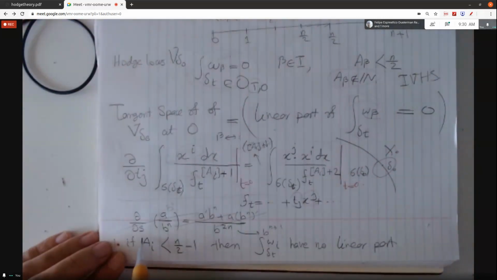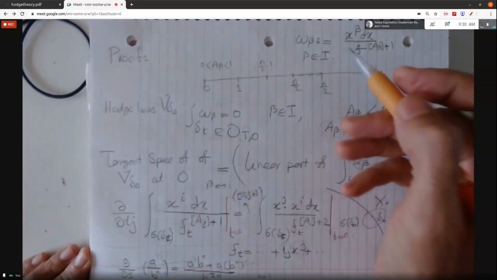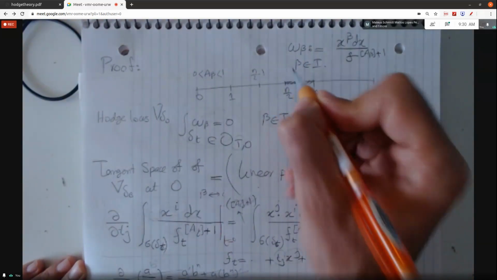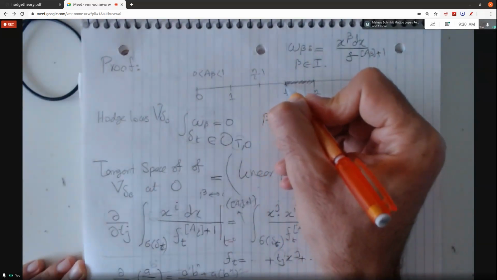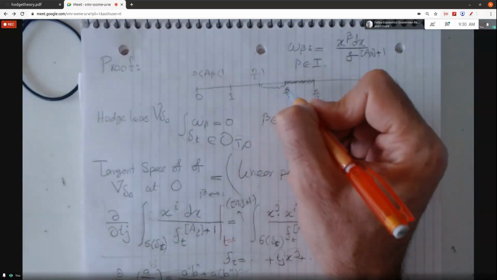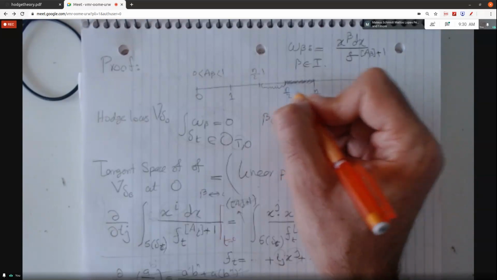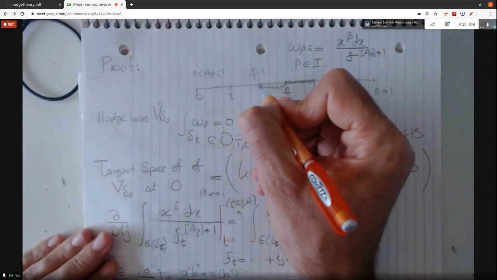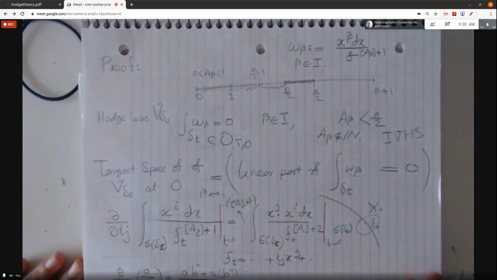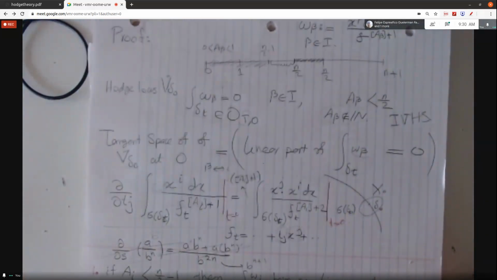So let me explain in this picture. This was the middle part where the integrals might not be 0. This is between n half minus 1 and n half, the middle part. For this part, all the integrals do not have a linear part. And the reason is this one.